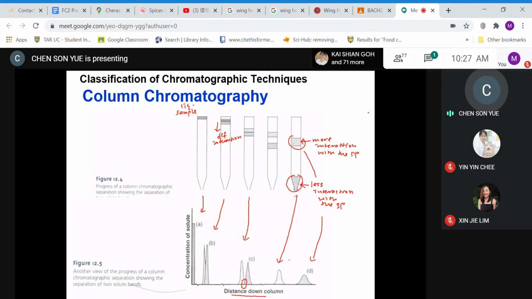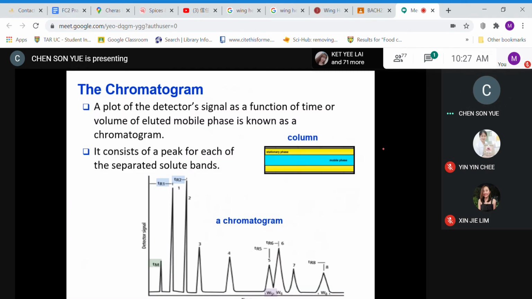Now we move on to the next slide. It's the same, these two are the same one. Now you can see the actual separation using a column, and the chromatogram is the diagram that you get from the separation. This will be the detector signal.